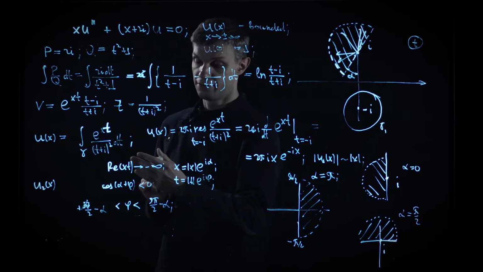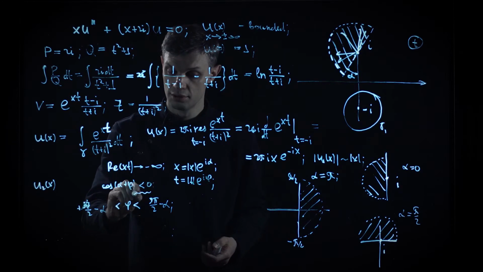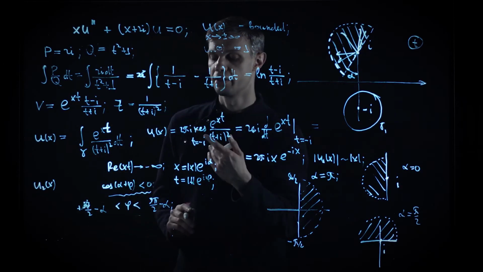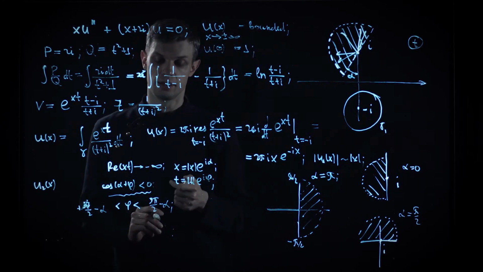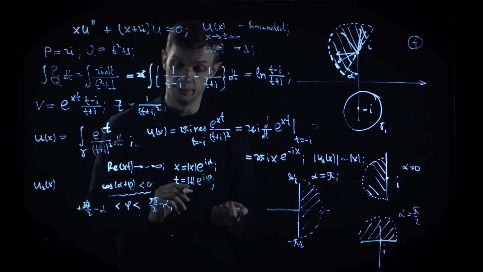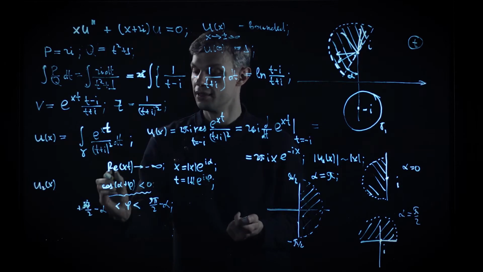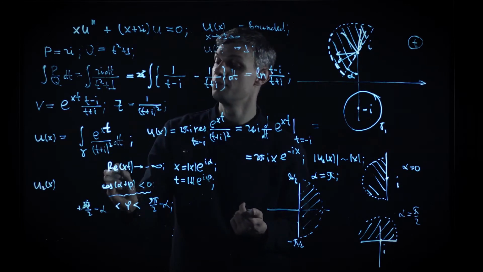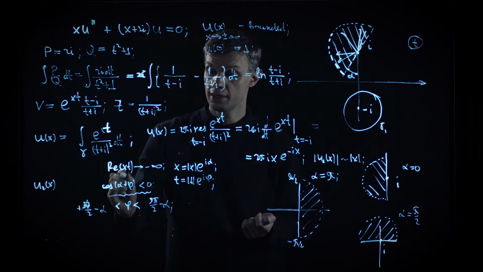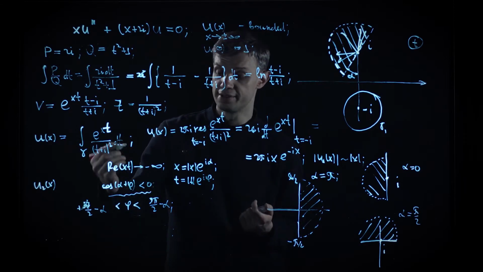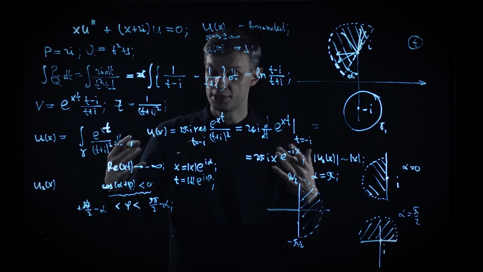So we have this condition for the allowed values of our phi angle. However, the steepest descent direction is defined by the least possible values of the real part of the exponent, namely when cosine of alpha plus phi is the least possible number.